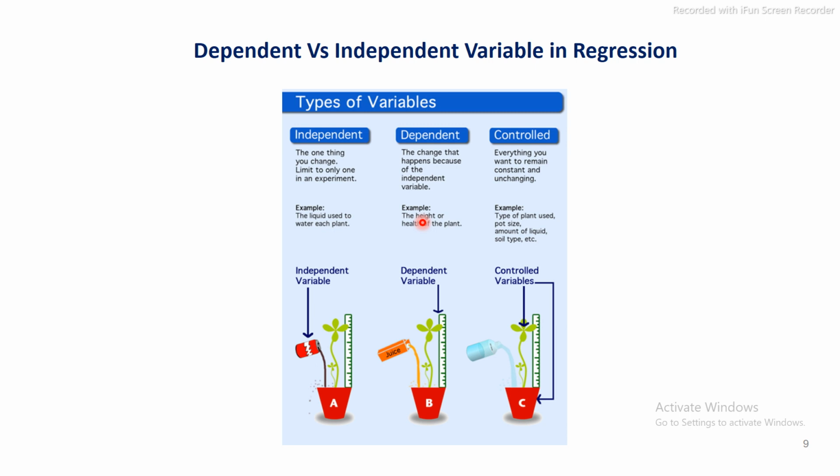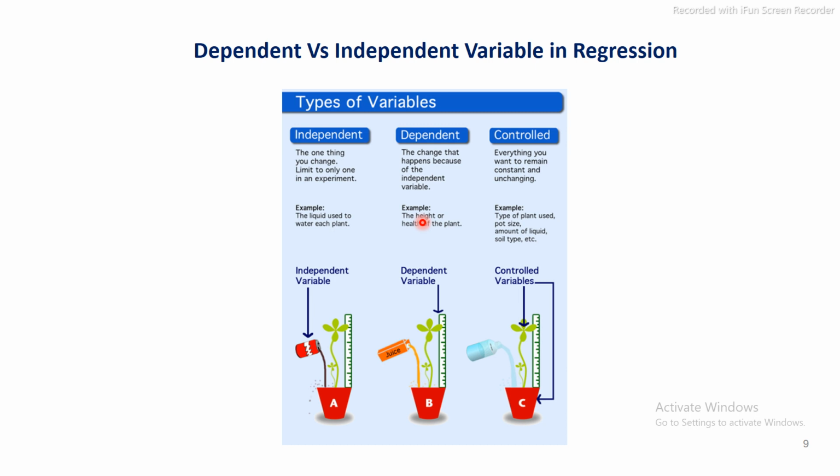These two things are independent variables, but the dependent variable is height. Similarly, the liquid used to water each plant is independent of the height. So you just need to know how to find the independent and dependent variables.